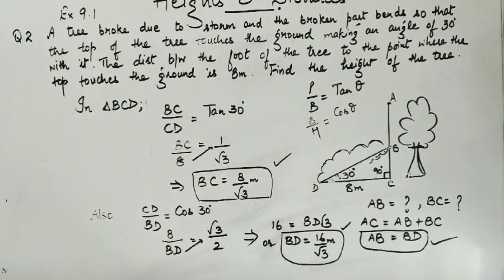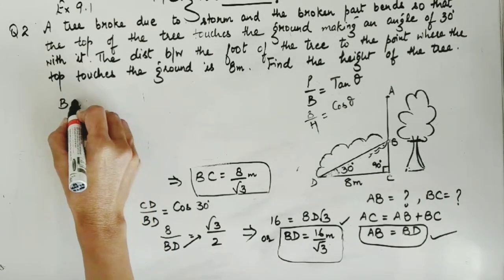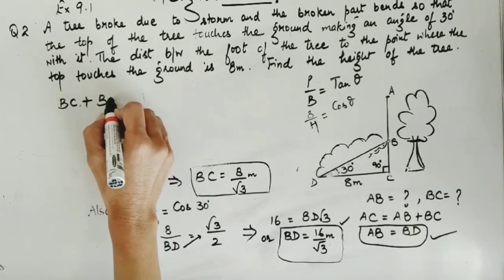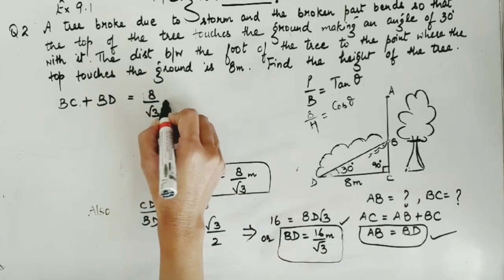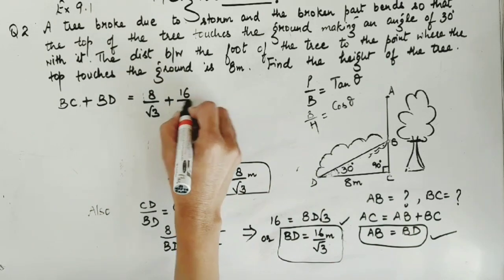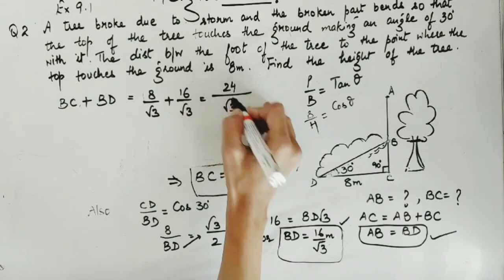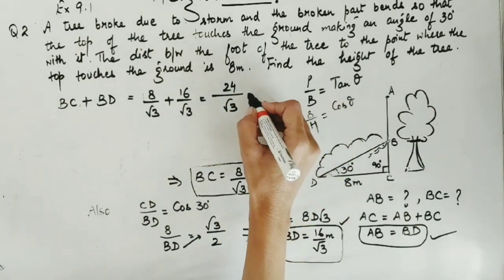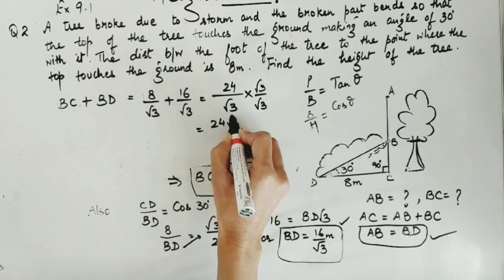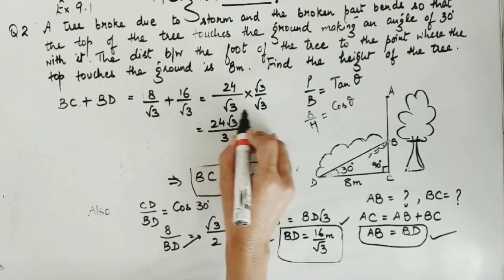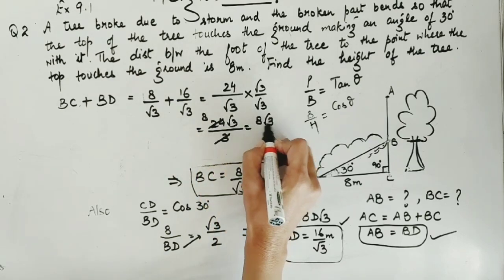So on adding both, here we write BC plus BD. BC 8 by root 3, BD 16 by root 3, root 3 comes common, 8 plus 16 is 24, 24 by root 3, we can just rationalize it further, root 3 in numerator, root 3 in denominator, this becomes 24 root 3 upon complete 3, simplifying this, it is 8 root 3.